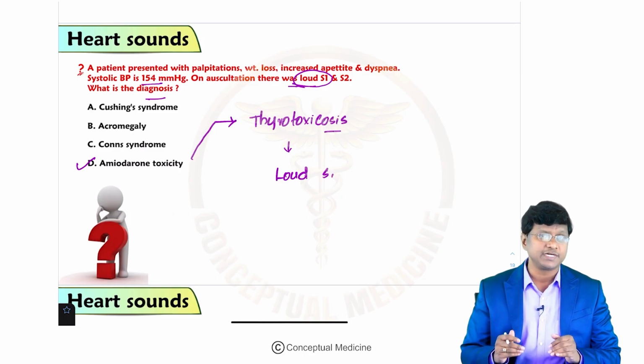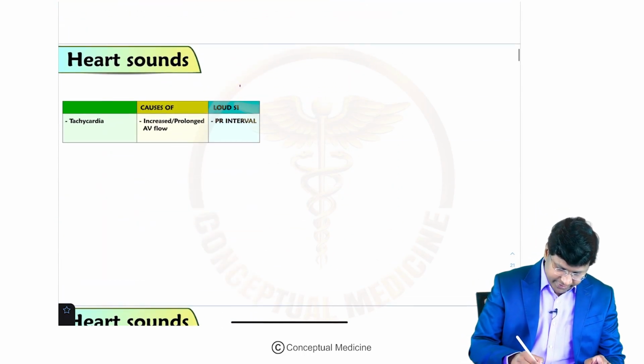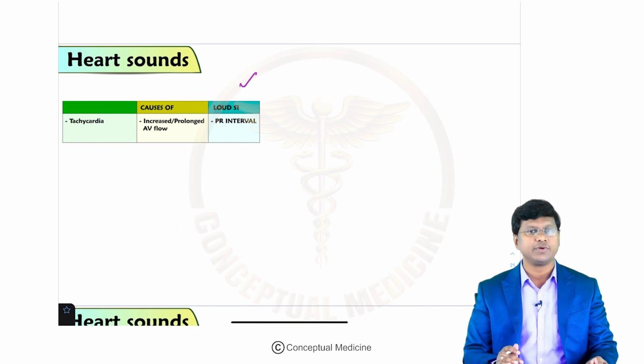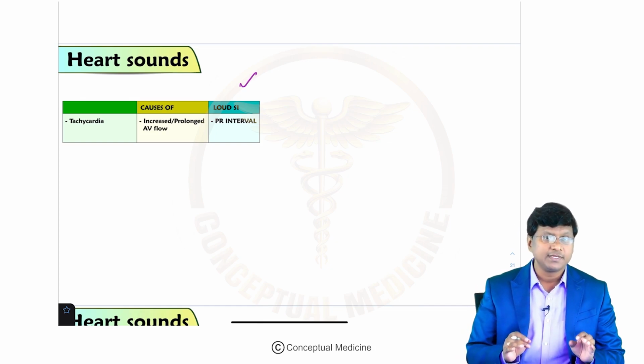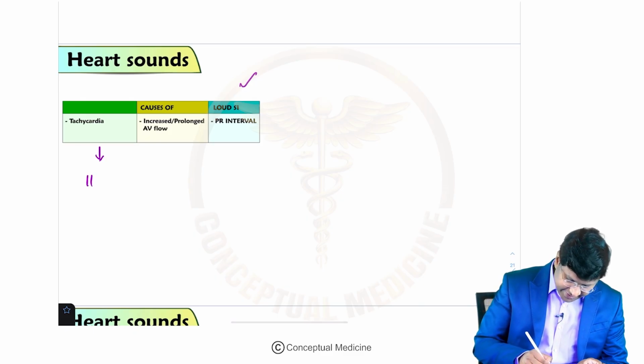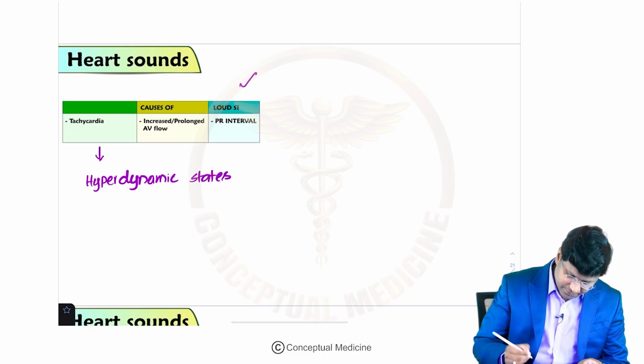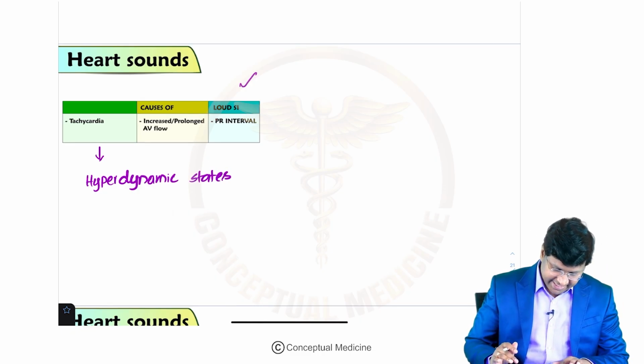So let me tell you the conditions where you have the presence of the loud S1. What are the causes of the loud S1? Number one, the tachycardia. So any conditions, for example, the hyperdynamic states. So which are these hyperdynamic states?